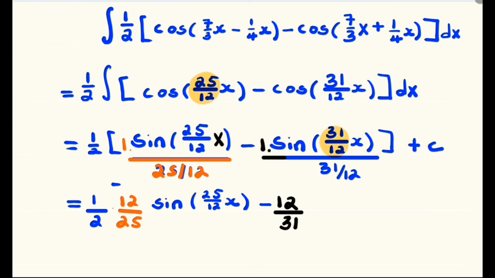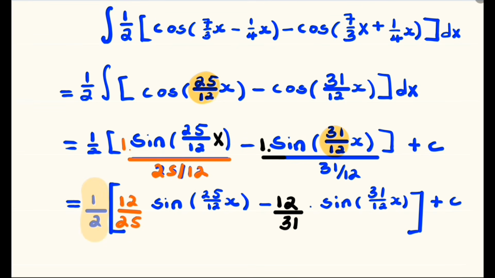We multiply this by the sine of 31 divided by 12 multiplied by x plus our constant c. So if you like, you can distribute that half inside the parentheses. I'm just going to leave my answer here.